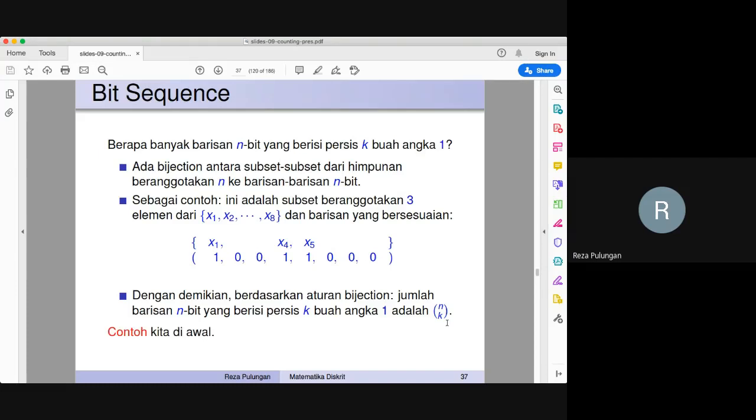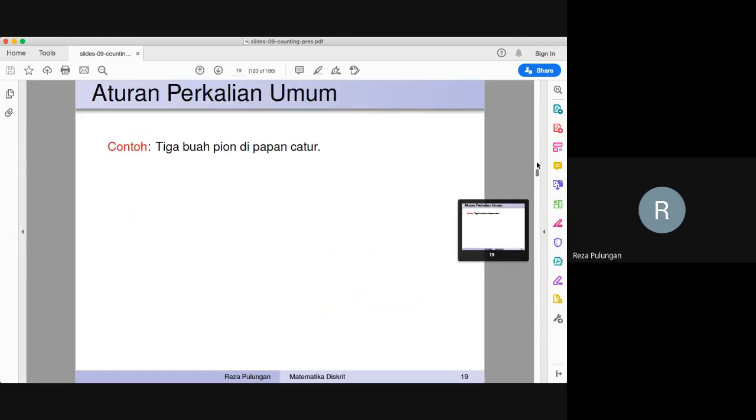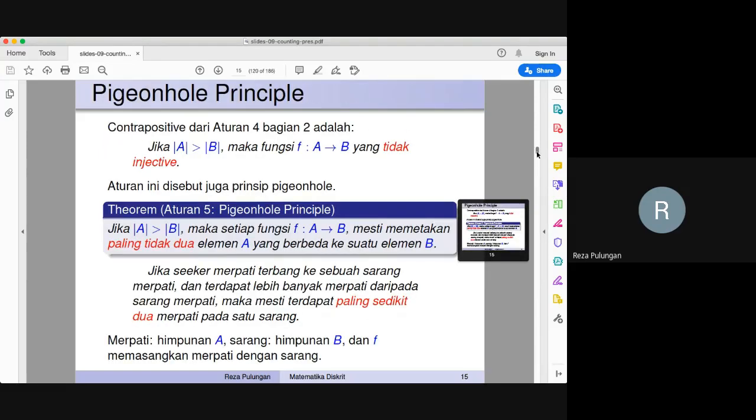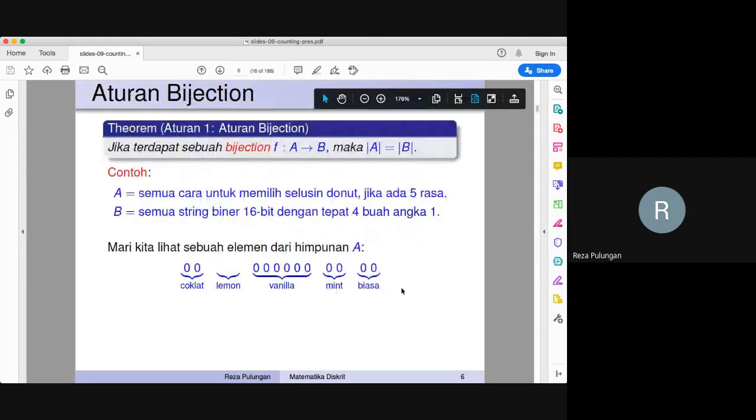So let us return to our first problem. This is a long way, but I will just go there because we need to go there. How many ways are there to select a dozen donuts with 5 flavors, which I showed you is equivalent to the set of all 16-bit binary strings that exactly contain 4 ones.